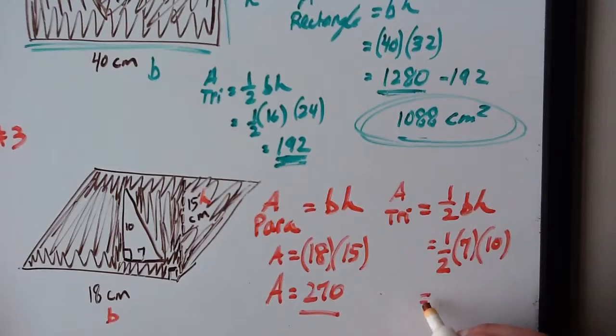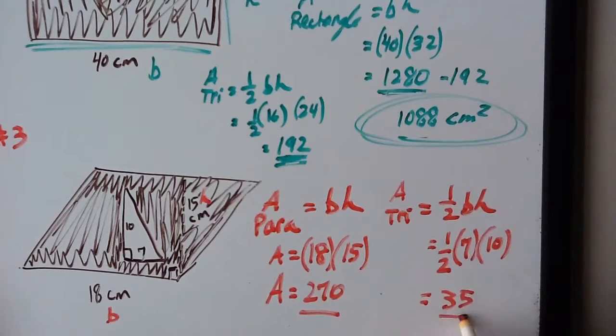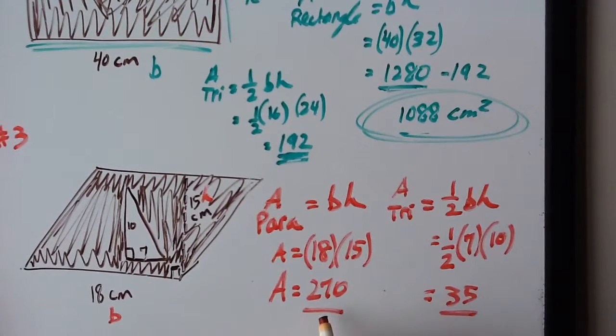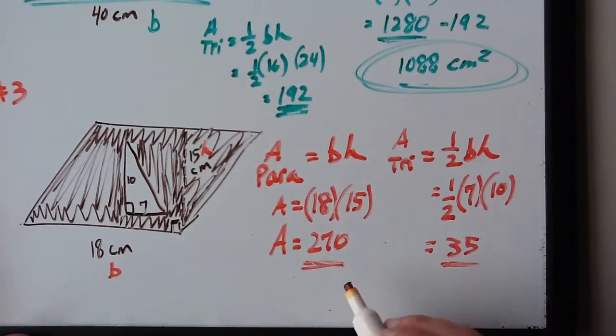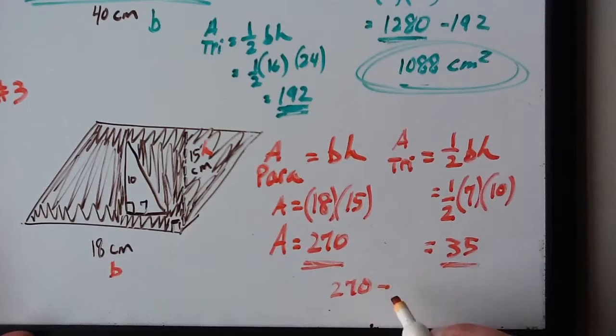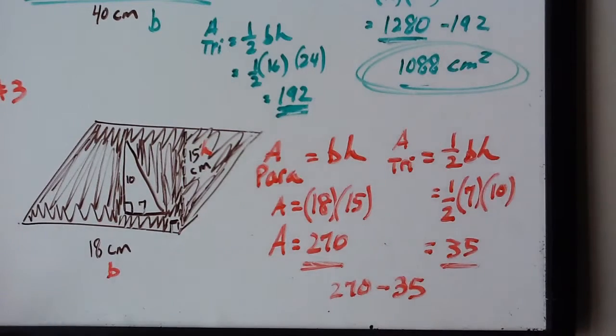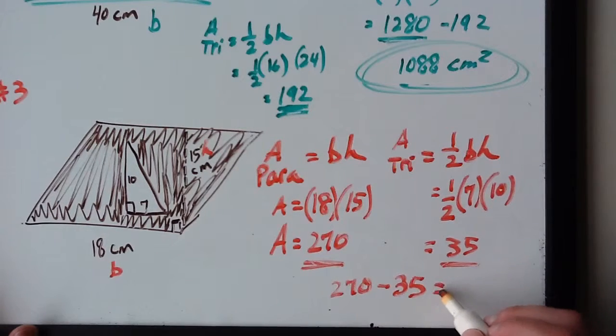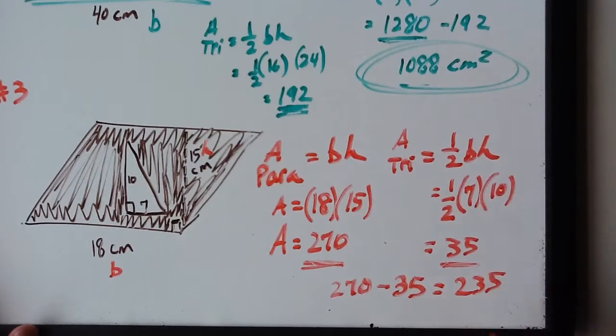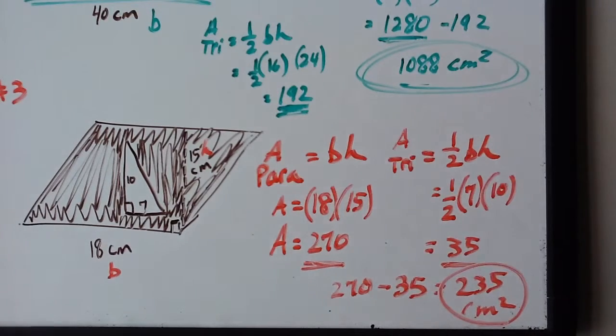If you multiply those together, you get the area is 35. So area of parallelogram is 270, area of triangle is 35. So finally find the difference. 270, take away the area of the triangle, which is 35. So 270 minus 35 is equal to 235, and this is centimeters squared. That is the area of the shaded region.